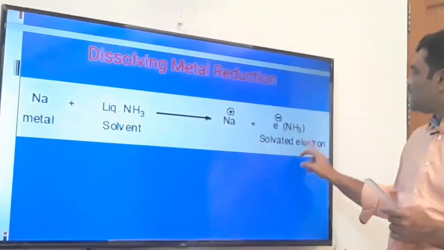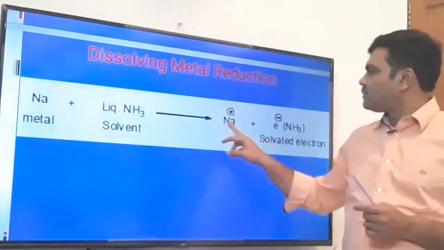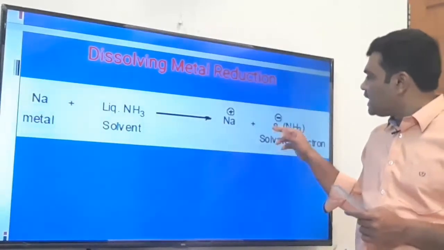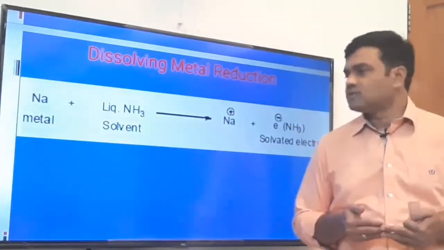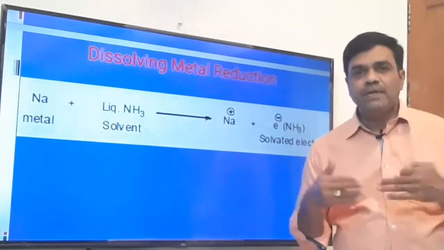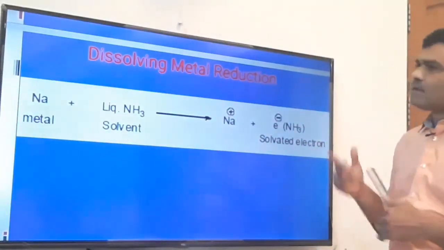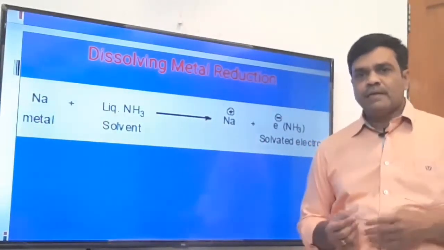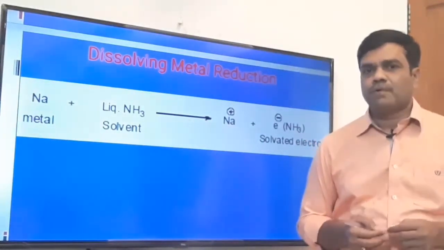It can be written in square brackets: the Na positive ion, the ammonia molecules, and the electron in between the sodium ion and ammonia. This bridge type of complex is deep blue in color, and it is an electron-rich complex.